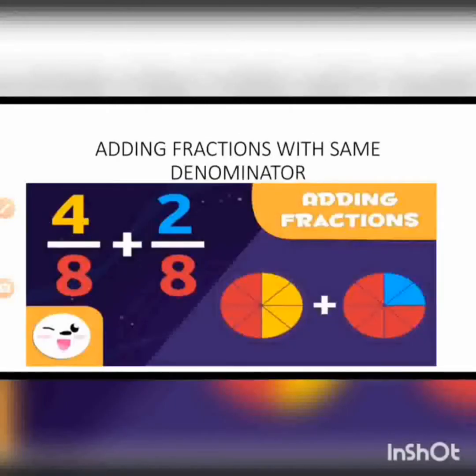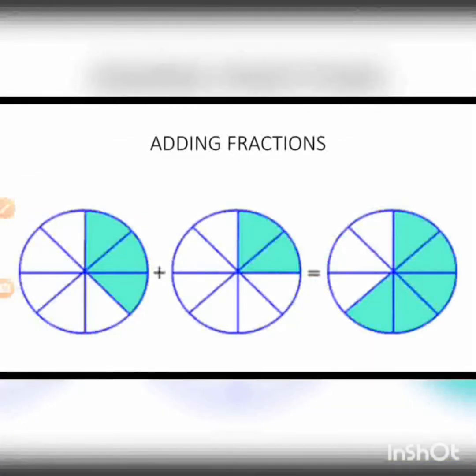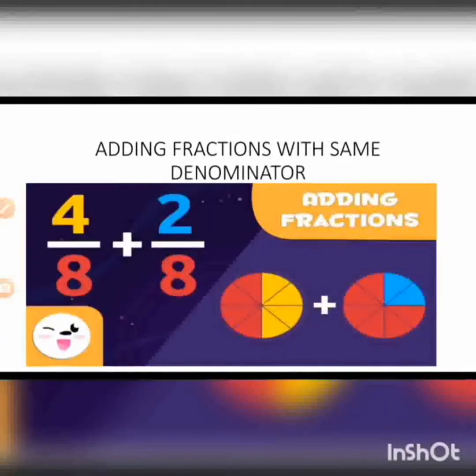Now, when you look at this, you are going to add the shaded portion, and that gives us 5 over 8. That is 5 out of 8. Now let's look at another example of the same denominator.